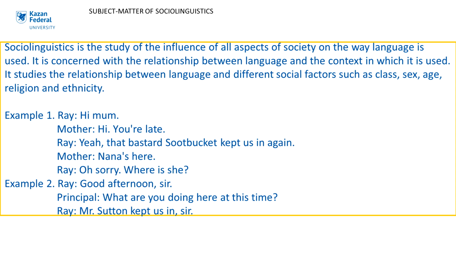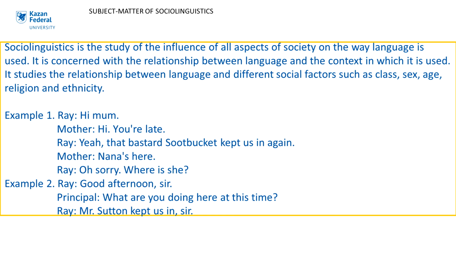Examining the way people use language in different social contexts provides a wealth of information about the way language works, as well as about the social relationships in a community, and the way people signal aspects of their social identity through their language. Let us have a look at example 1.